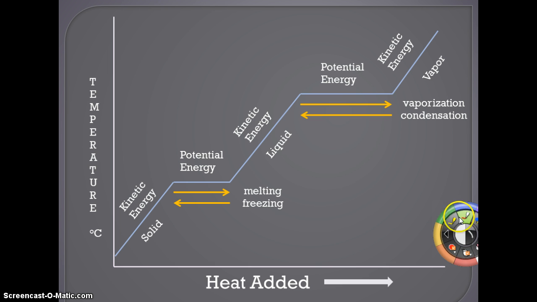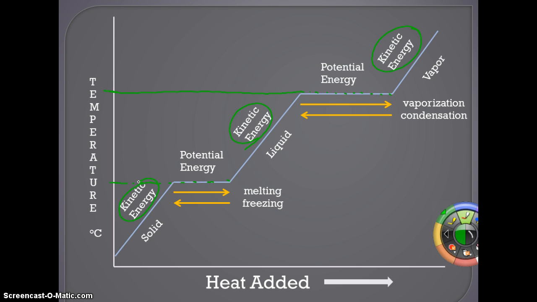And you'll notice that for our phase changes, the temperature does not change. The temperature is staying the same at our phase changes. The only time we're having a temperature change is when we have the kinetic energy here and when heat is actually being put into the system.